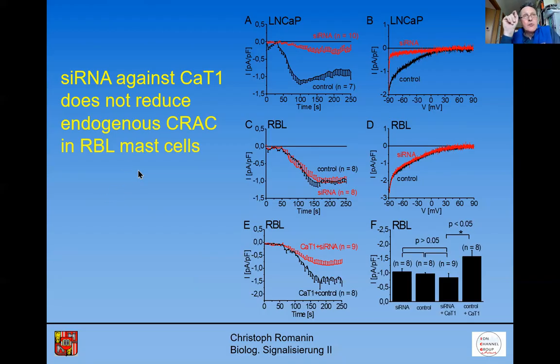So another tool, which we have meanwhile, additional techniques at hand, is to use siRNA, also called RNAi. That stands for small interfering RNAs that are directed against certain proteins.